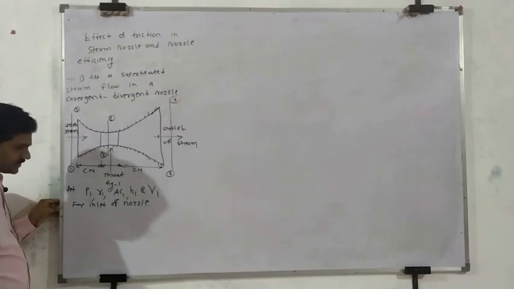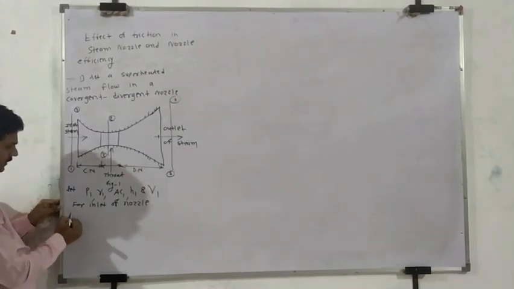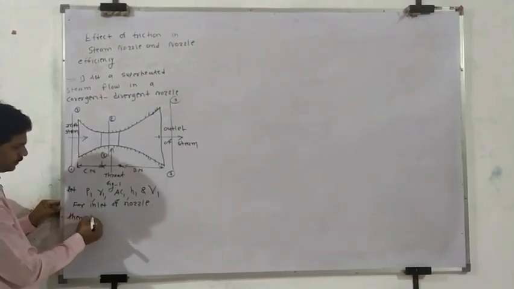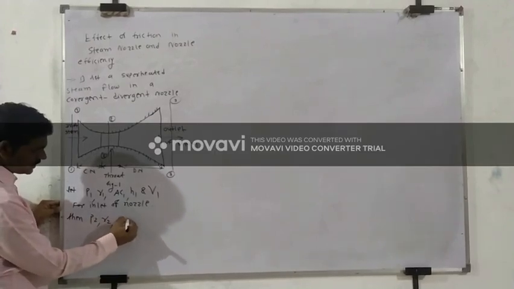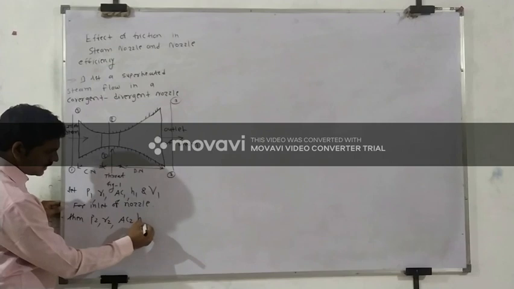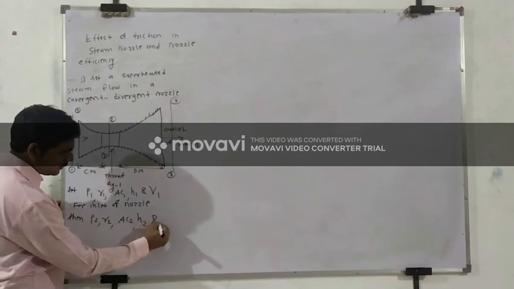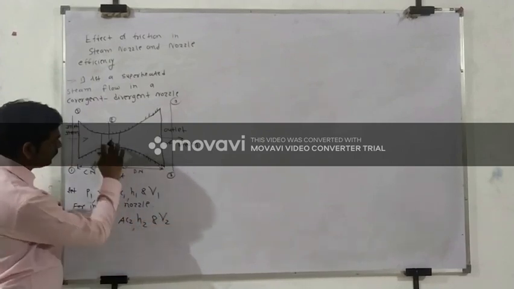Yes or no? Yes. Then pressure P2, specific volume V2, cross sectional area AC2, enthalpy H2 and velocity V2 for which section?